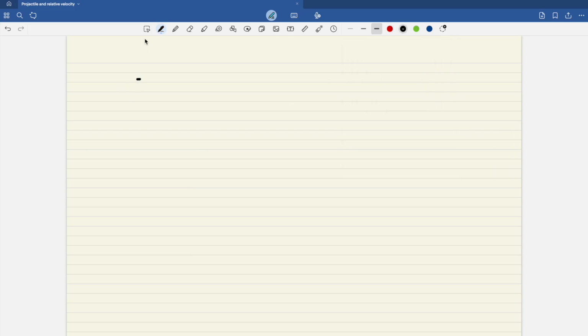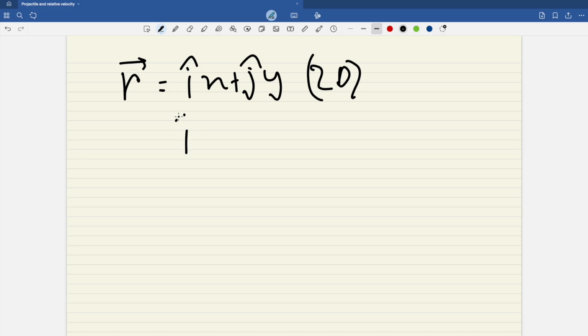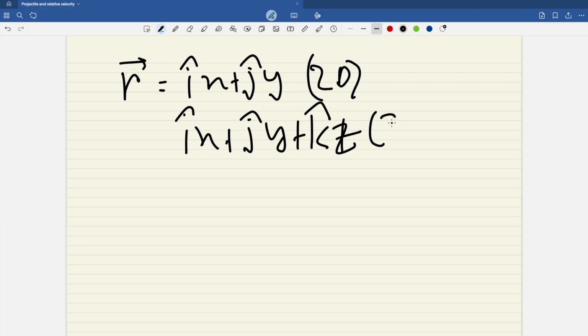we'll need to understand the concept of position vector. We know that position vector is ix plus jy if it is two-dimensional. If it's three-dimensional, then ix plus jy plus kz. We know that, right?